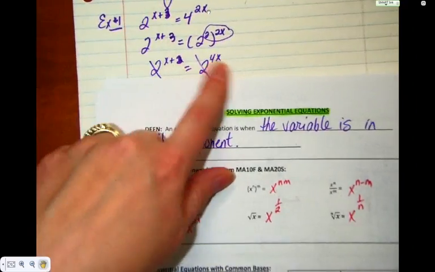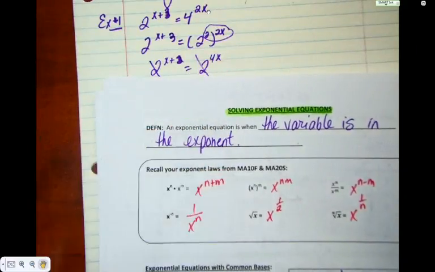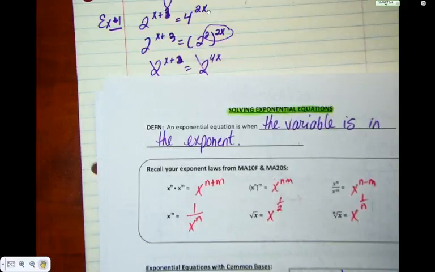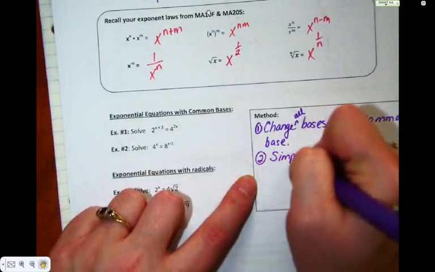Okay, so that was this step. How did I get to this step here? So where did this 4x come from? So I simplified using exponent laws.